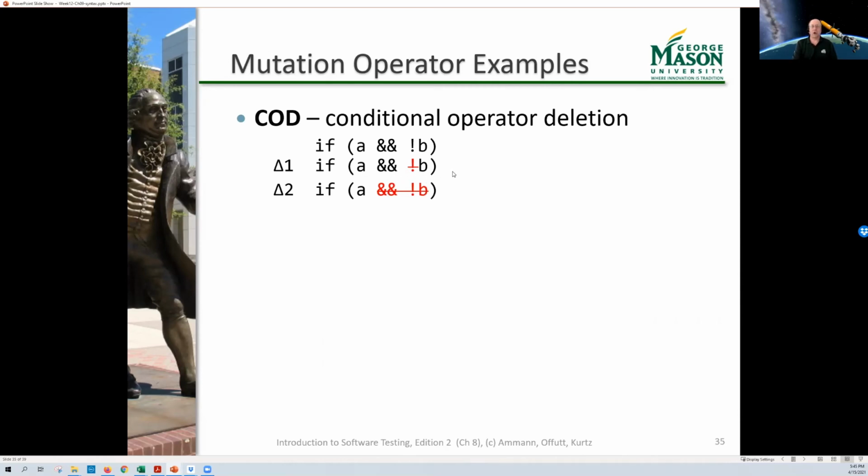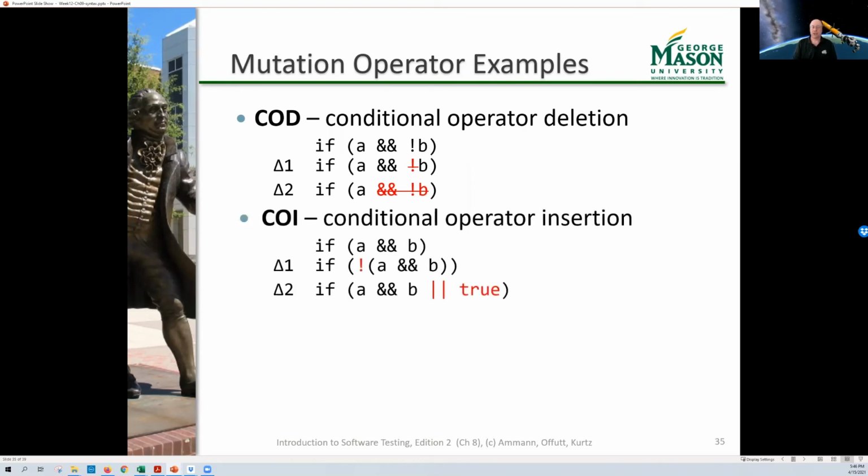I'm not showing you all of the things that this operator could do with this original program. I'm just showing you a couple examples of what it could do with this original program. In fact, we could have A and B, A, and not B, I think are the ones we could make, right? Because we can delete the not, we can delete the and A, we can delete the and not B, so we can get 3 out of this.